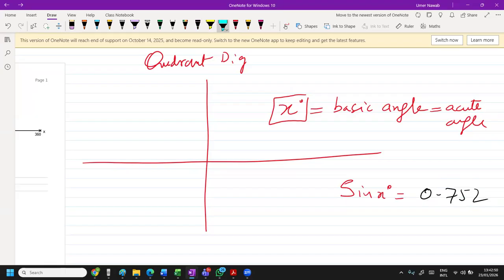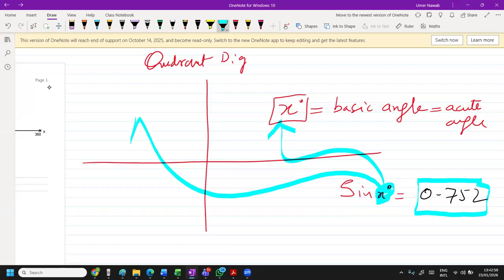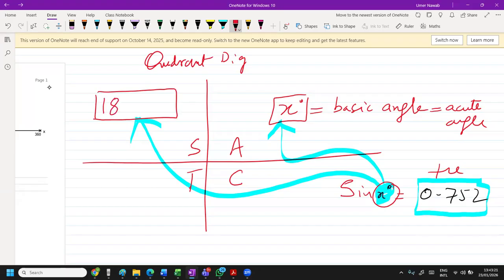Now you say, okay, Mr. Omar, since sine is positive, maybe my x is in the first quadrant or maybe my x is in the second quadrant, because according to ASTC, sine is positive in the first two quadrants. So if sine is positive in the first two quadrants, I need to find the second value of x. For the second value of x, the diagram which was drawn for the second quadrant, the formula is 180 minus x.